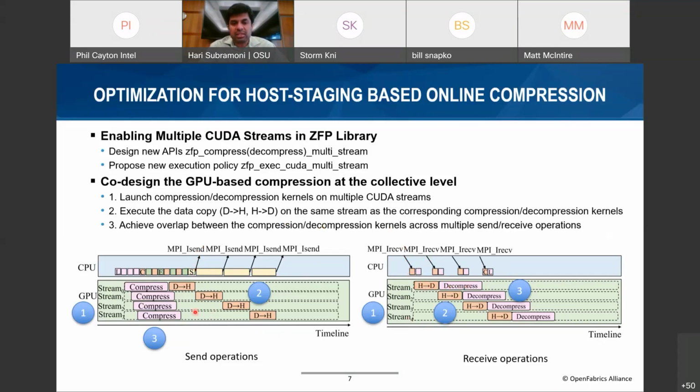So as we can see, there is a lot of potential for overlap that we are utilizing by using the multi-stream design. This significantly improves the overall end-to-end performance of our compression-based design.